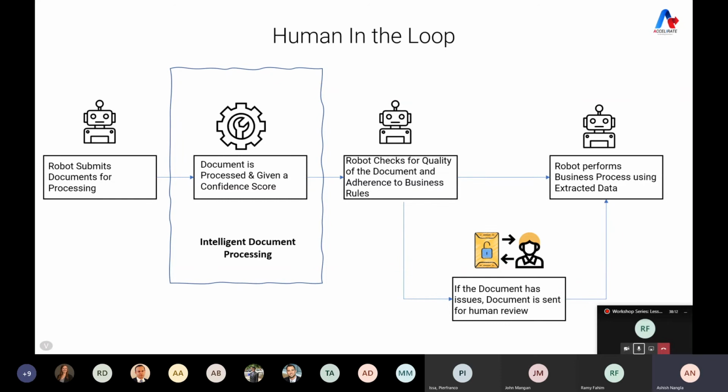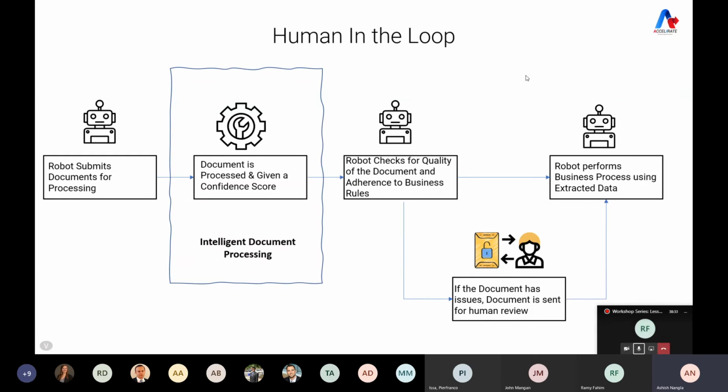Essentially what you're trying to do is have human review as little as possible, and eventually take away that work from humans to check each field in each document. Now you only come in and validate something that the bot could not understand or could not extract.